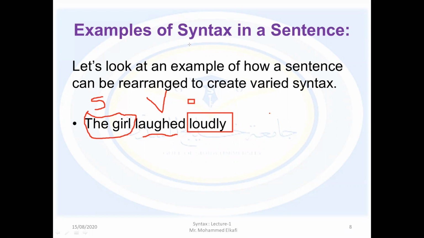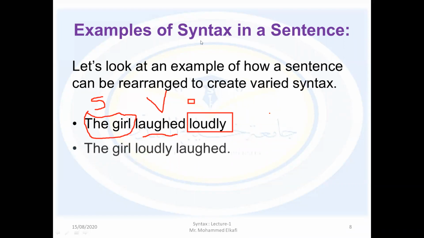So what about the next point? In the second example, we have the same content, but in a different order: The girl loudly laughed.